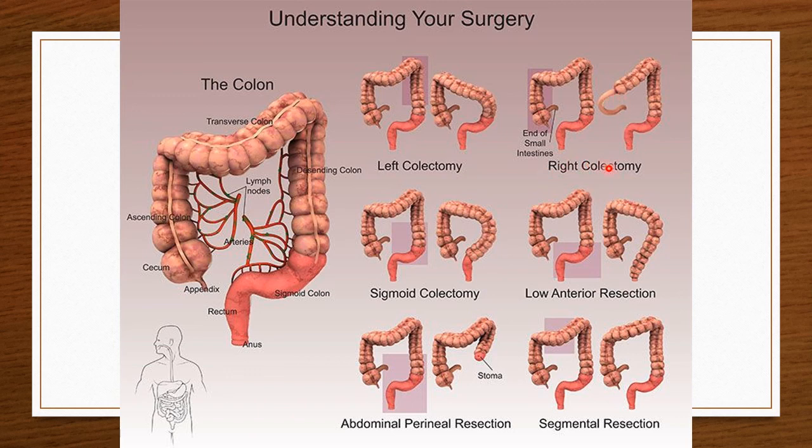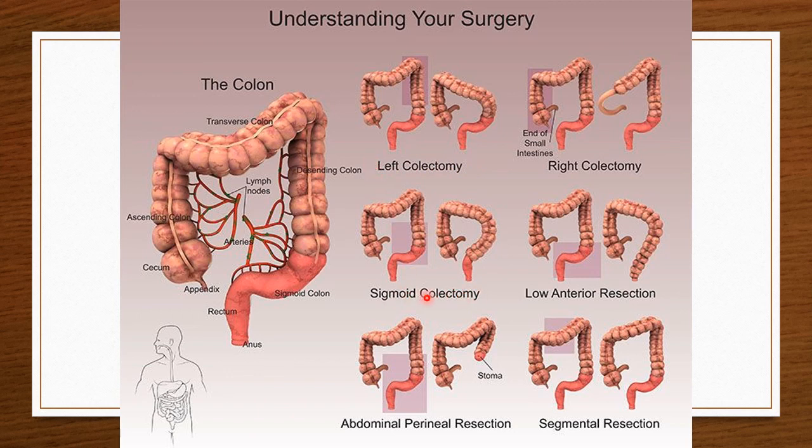So this is right hemicolectomy. This is left hemicolectomy, where the descending colon is removed, and then the splenic flexure is brought down to anastomose with the sigmoid colon. Okay, this is your left hemicolectomy.